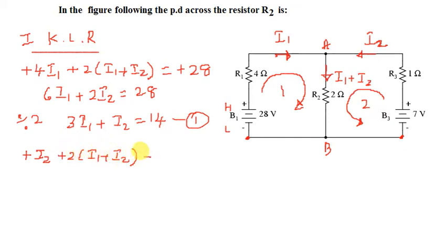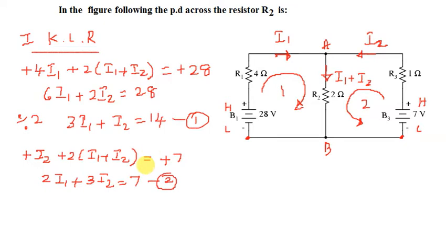Because no more resistors are in the bottom, it is equal to the EMF. Again it is from lower to higher, so this is plus 7. When I solve this, it becomes 2 times I1 plus 3 times I2 equals 7, and I call this equation 2.